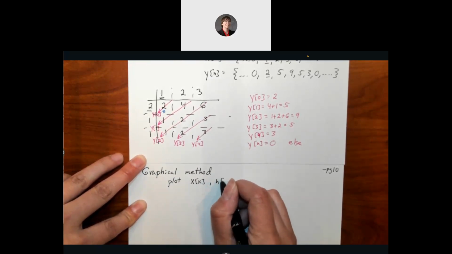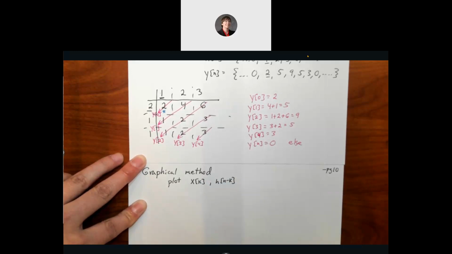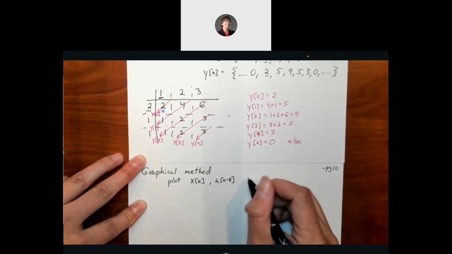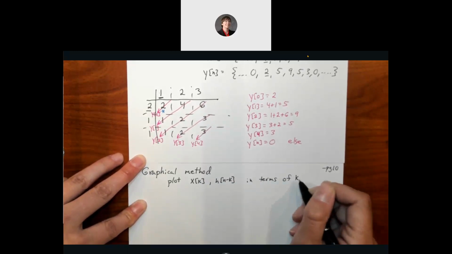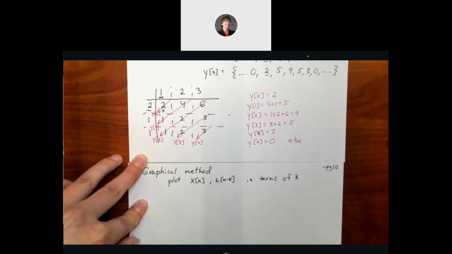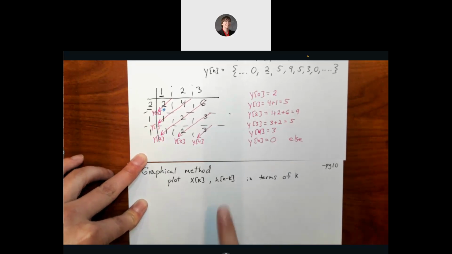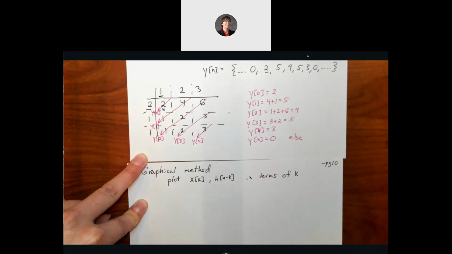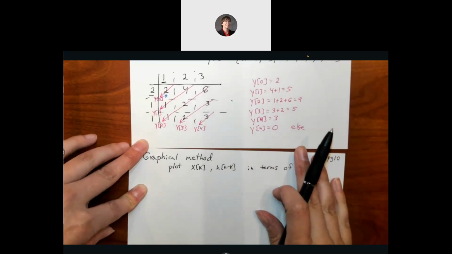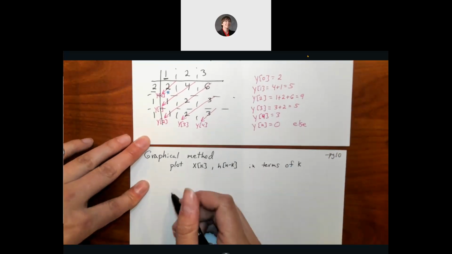So what you want to do is plot your x and your h in terms of k. And like I said before, you could flip-flop. So if there's one that's easier for you to manipulate, then maybe you choose that to be the one that you do your shifting and flipping with.